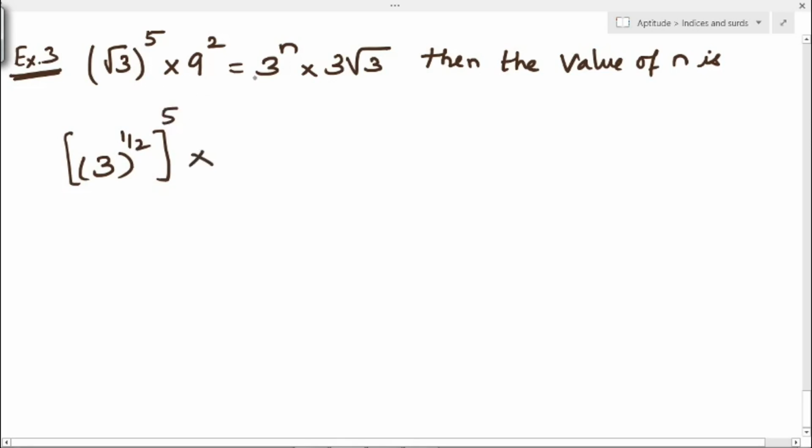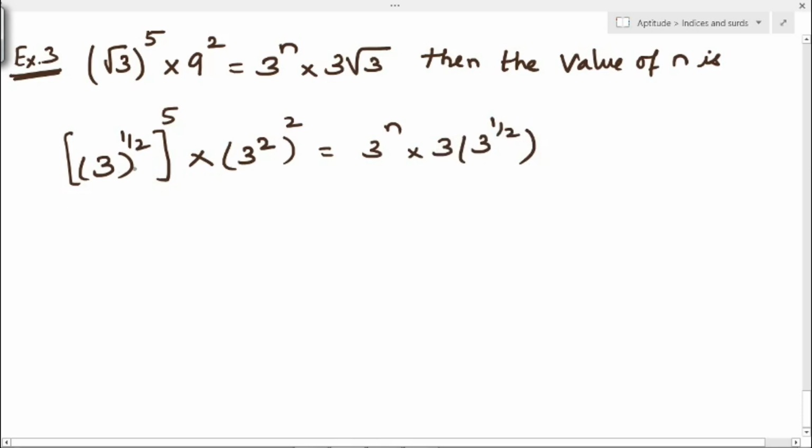square. So the rest of the terms are on base 3. So we are converting this 9 into 3 square. So 3 square to the power 2. Because already we have square, right? So 9 can be written as 3 square with the power 2. So that is equal to 3 power n into, and this is 3 into root 3 can be written as 3 power 1 by 2.